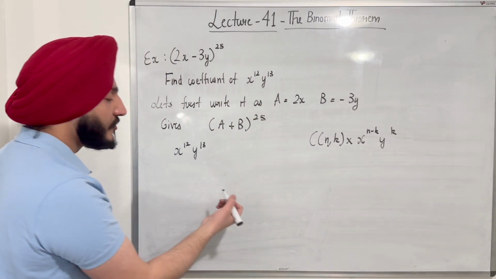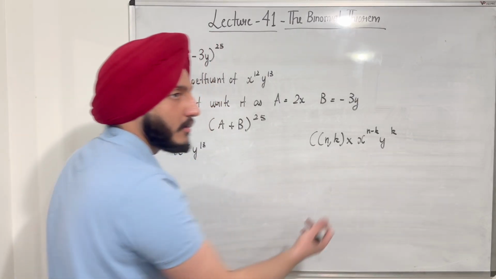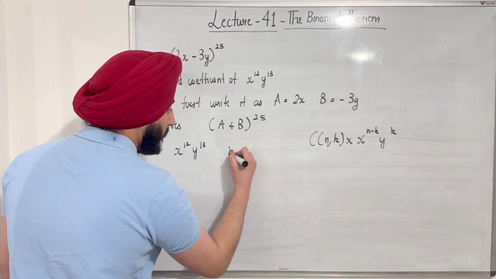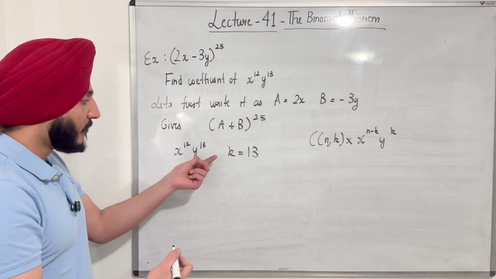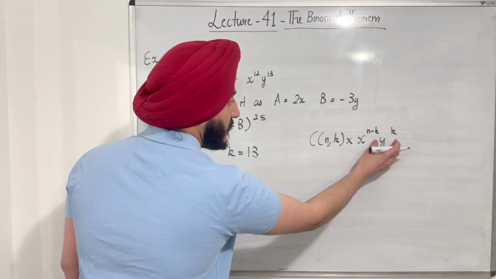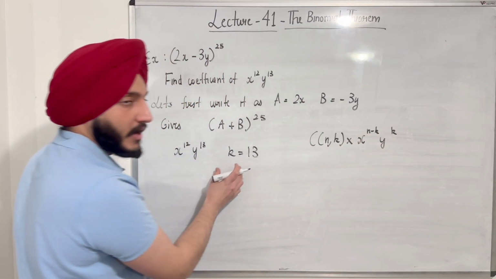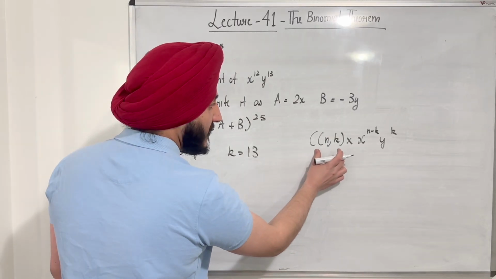So how about I just replace this? Based on this information, what do you think the value of k would be? The value of k would simply be 13, right? x is 12, y is 13, adding up to 25. So that means n is 25, that's correct. And k in our case is the value 13. So what would be C(n, k)?